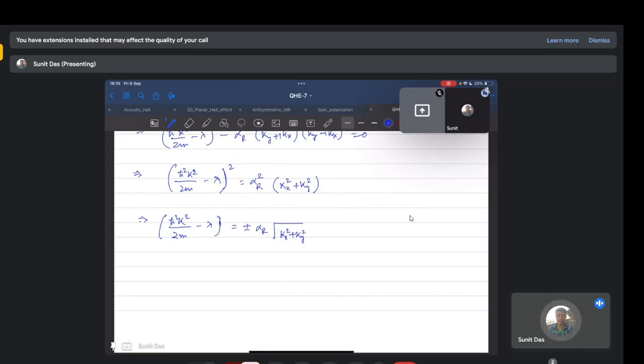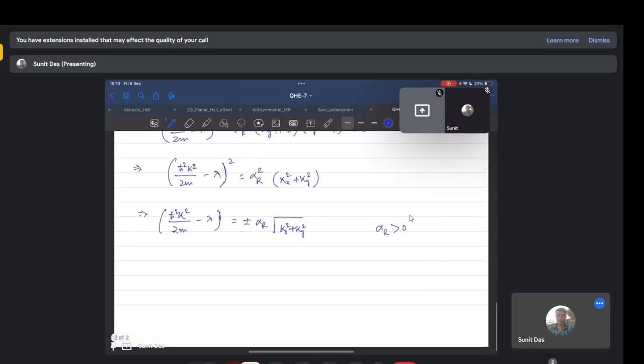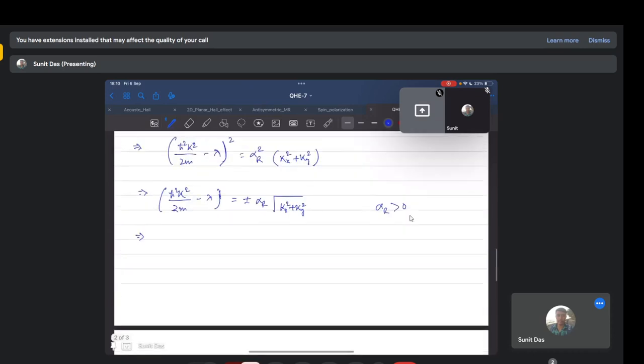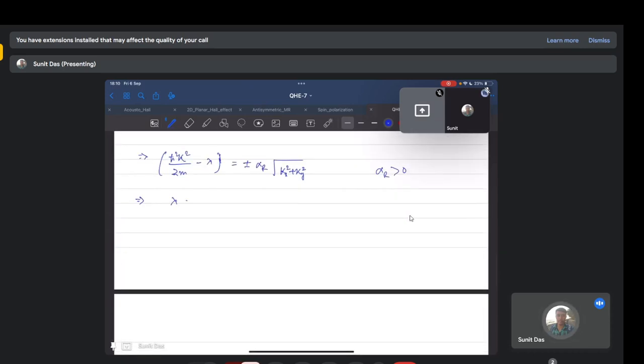We assume that alpha R is positive, and then lambda will be h bar square k square by 2m plus minus alpha R k, where k is root over kx square plus ky square.